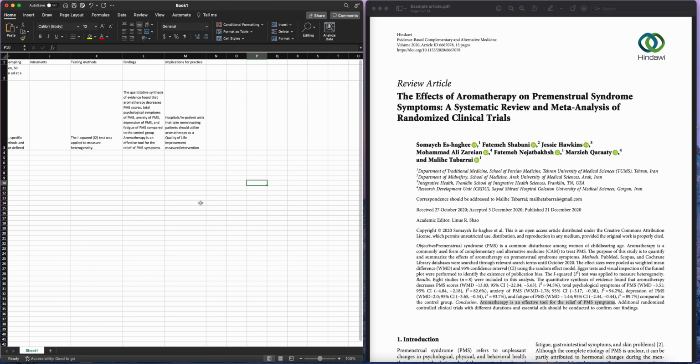I mean, long story short, right? Basically, maybe my PICO question is, how can I, I don't know, improve menstruating patient satisfaction in the hospital or something like that, because they're going to be the ones on top of everything else they're going through. Now they're menstruating, they're in pain, they're irritable. There's only so much we can do, so maybe we should have aromatherapy as a specific intervention for those patients.